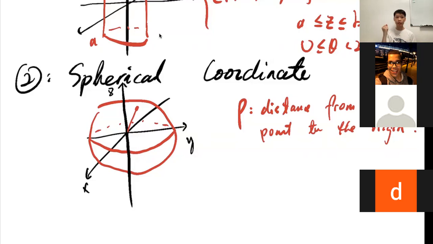The location can be determined by two angles.